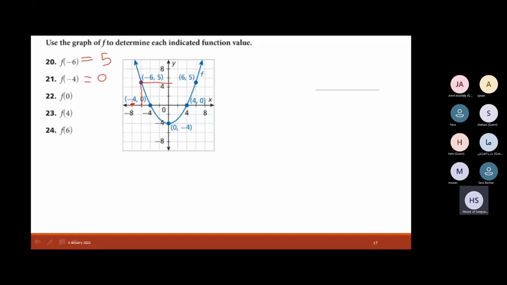You will go at 0, you go down. Negative 4, bravo. F of 0. Here y is 0. For f of 0, you will make a line connecting with this point where it cuts the blue curve at point negative 4. So you will say the value of 0 is negative 4.